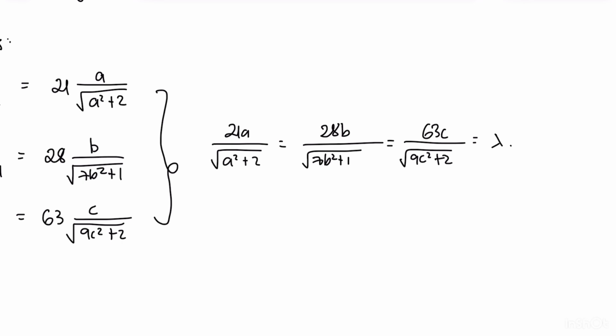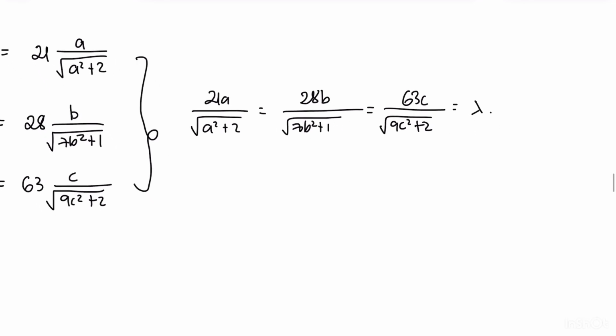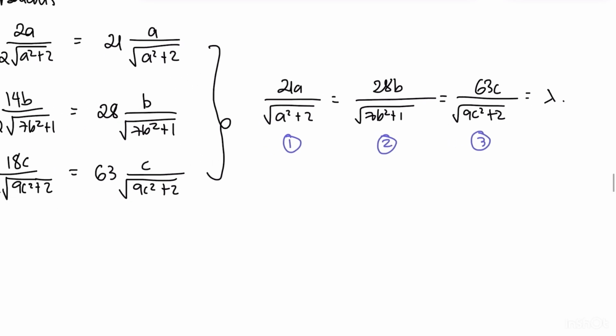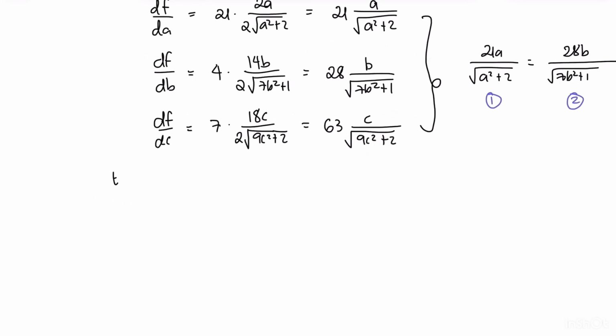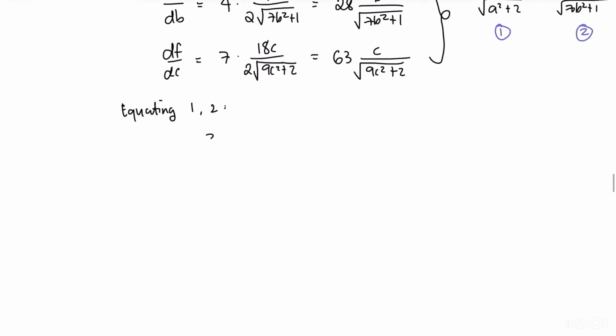Now we're going to equate the first and second terms first. I'm just going to call these term 1, term 2, and then term 3. So equating 1 and 2, this is going to be 21a all over the square root of a squared plus 2, which is equal to 28b all over the square root of 7b squared plus 1.